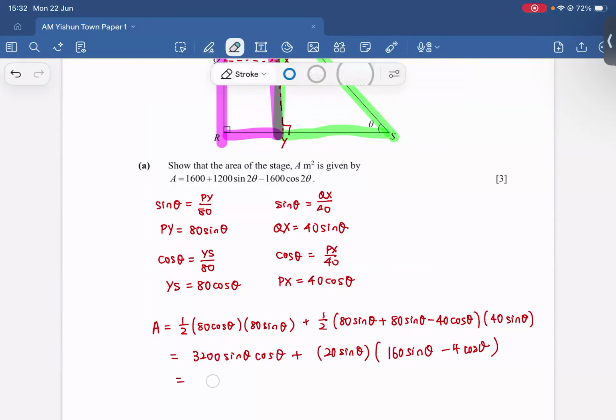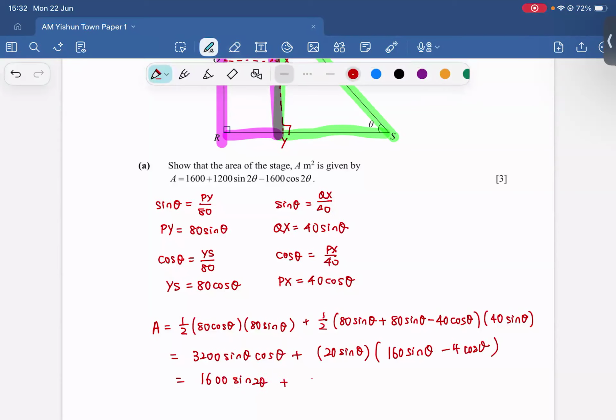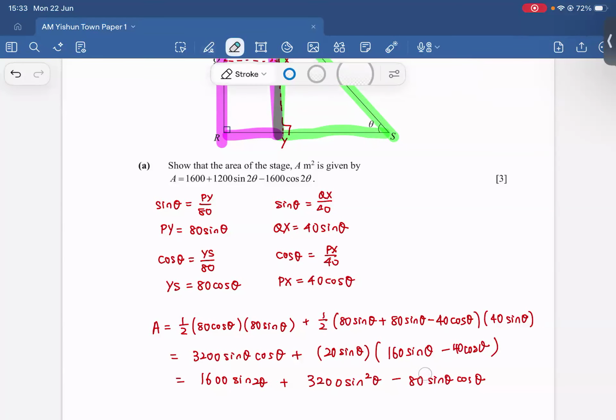This one I can use the double angle formula, I change to this first. Then this one will be 3200 sine theta sine square theta minus 80 sine theta cos theta. No, this one 40 is 800.